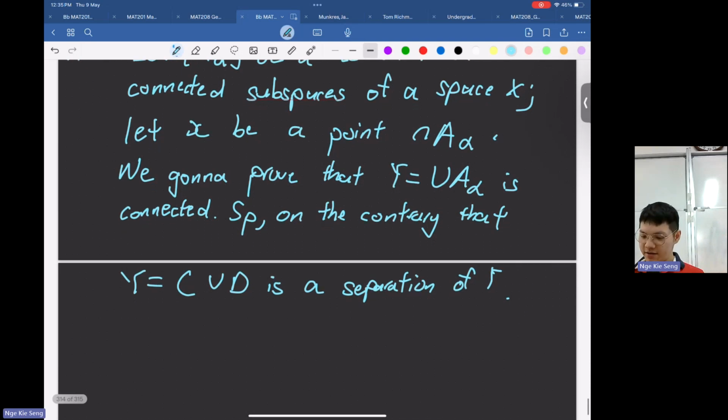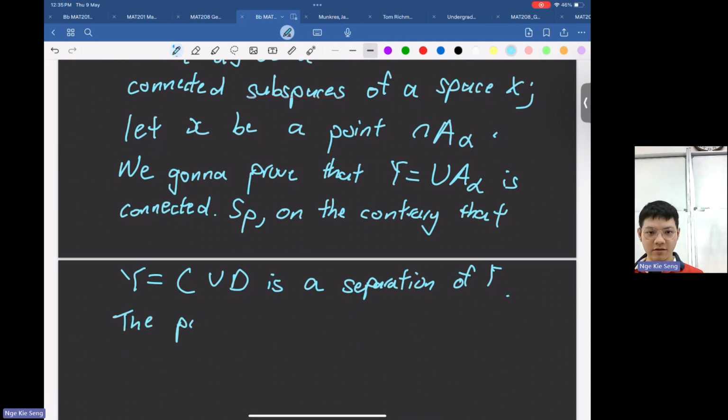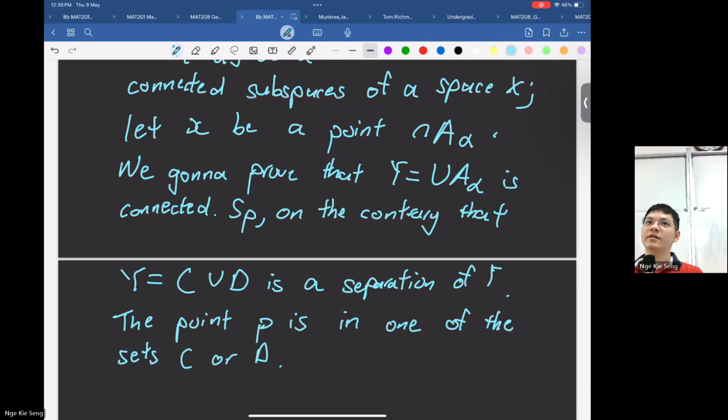So it must lie either on C or on D. It can only lie in one because there's no intersection between C and D. Did you guys imagine already? You have A alpha. There's one point in the intersection. Suppose you can split the whole thing into two parts. So this P here must go to C or D. Like X. X must go to C or D.